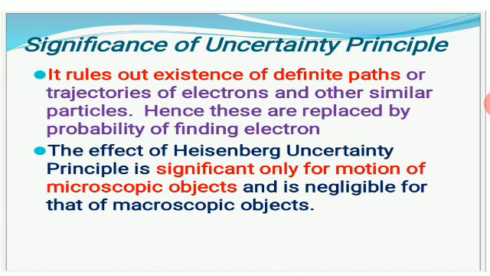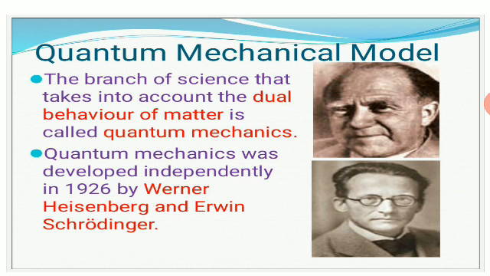The second thing is that the effect of Heisenberg's uncertainty principle is significant only for the motion of microscopic objects and is negligible for that of macroscopic objects. So the quantum mechanical model comes into the picture, which explains that electrons move around the nucleus not in a fixed path but in a fixed region, and this region is known as an orbital.